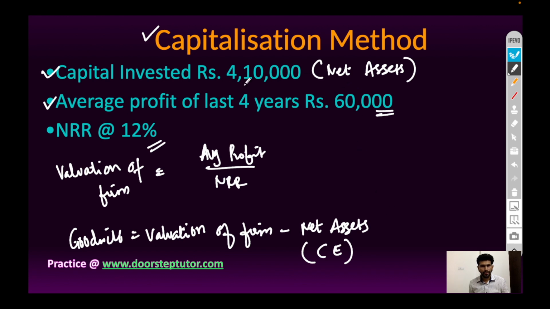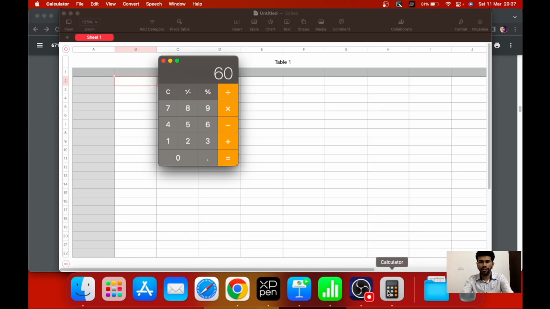So average profit for last 4 years is 60,000 divided by normal rate of return 12%. So 60,000 divided by 12% will be 5 lakh rupees.